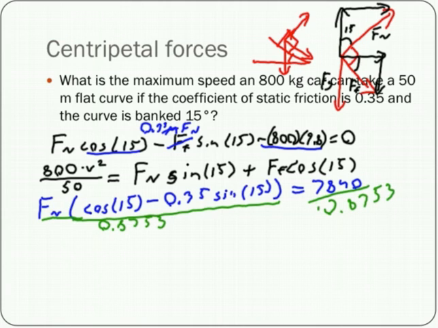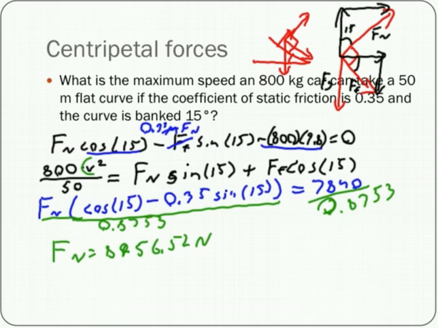So 7840 divided by 0.8753 ends up being 8956. So the normal force is 8956.52 newtons.